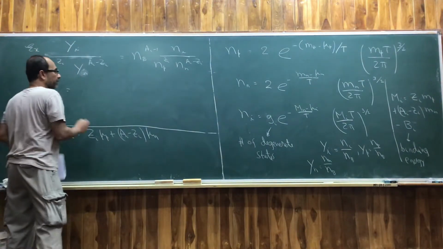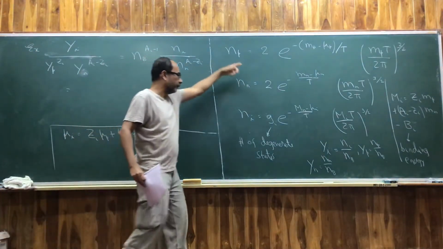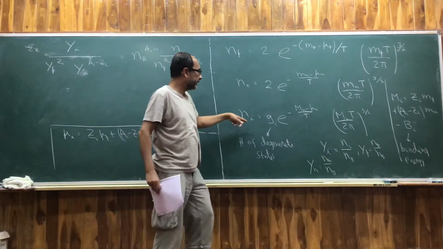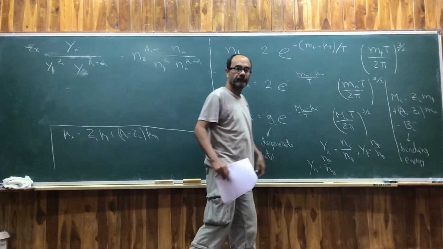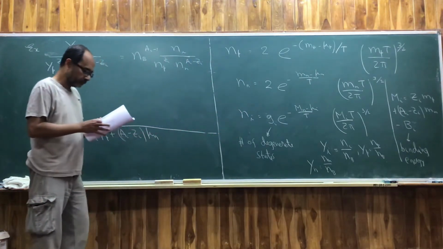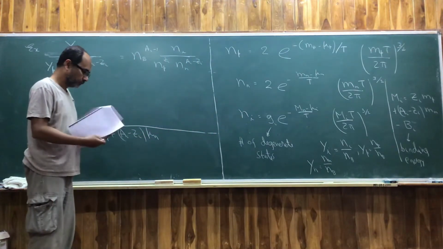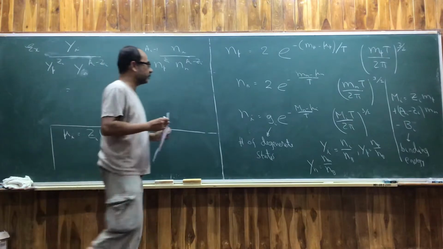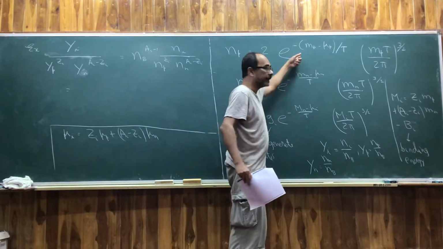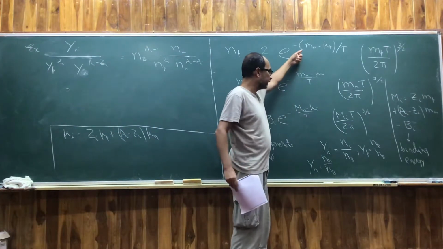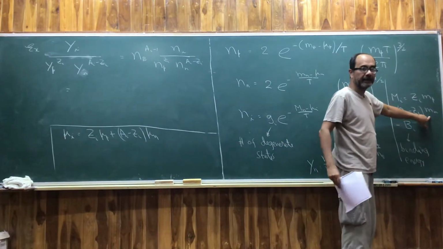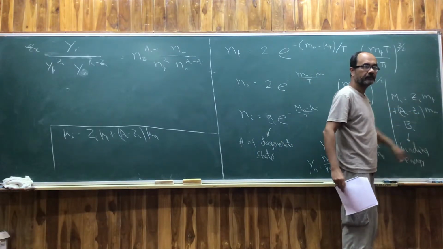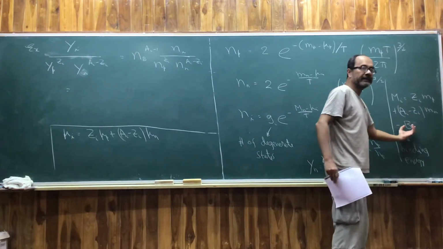But this combination we can now calculate from here, okay? And you can see that they have adjusted these exponents in such a way that the mu i's drop out. Furthermore, in the exponent, the combination that appears is exactly mi minus zi mp minus ai minus zi mn. So what is left is the binding energy.